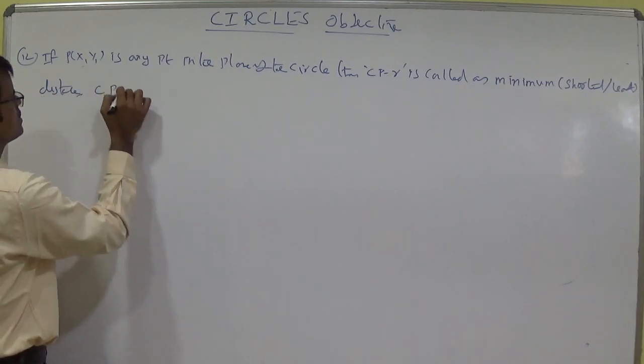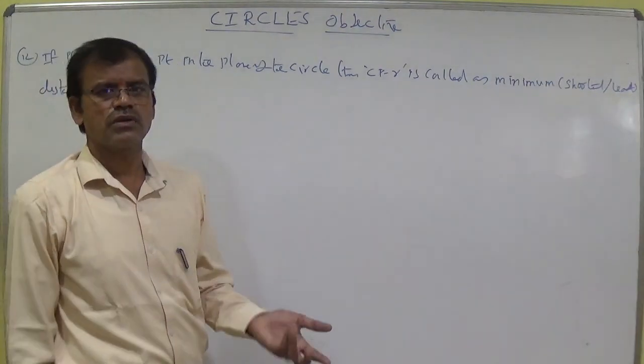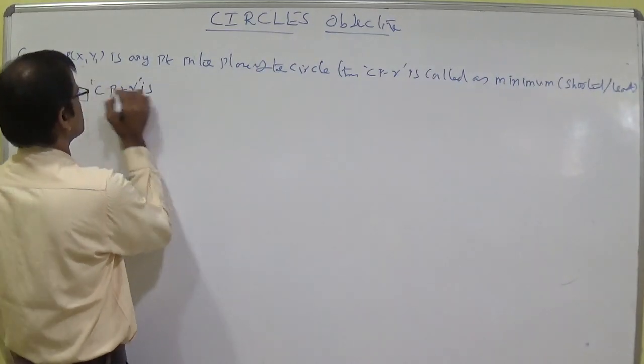What is C? Center. P means the given point (x1, y1) and R is the radius.